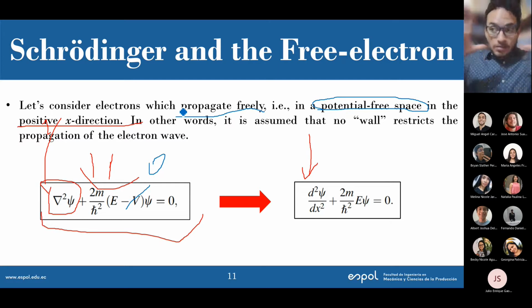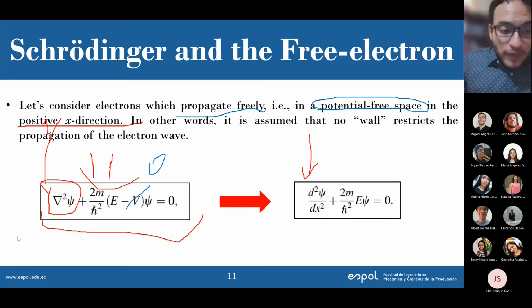It means the space where they are is a potential free space. So that means there is no potential energy restricting or blocking the movement of electrons.